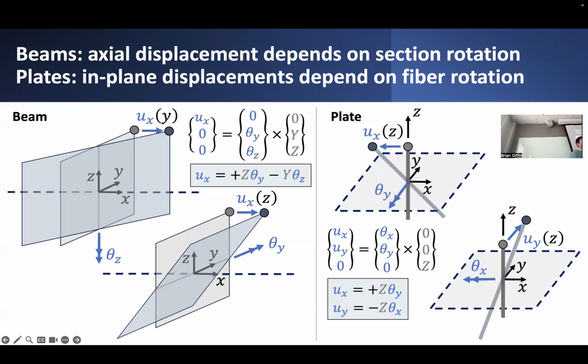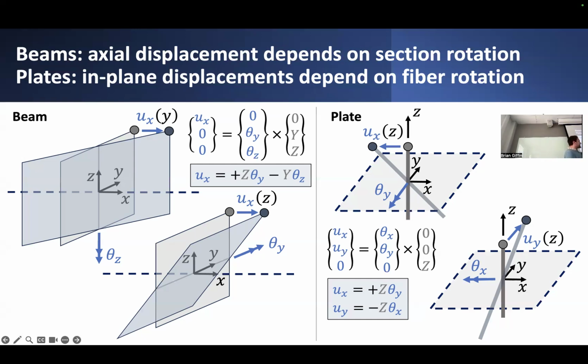Same thing if I were to look at rotations of this cross-section about the y-axis. This time, theta y, the rotation of the cross-section about the y-axis, or the y transverse direction, is interpreted as a positive rotation, giving rise to a positive x displacement at that point. Now, what's interesting is that I can look at any of the points on this cross-section and see how they depend on the magnitude of this rotation.